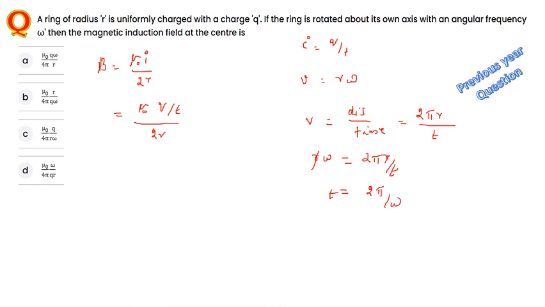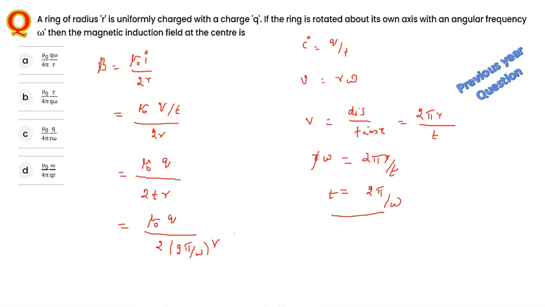Now you can utilize this value over here. Now I just mentioned this one, mu naught q divided by 2t into r. Instead of t, I just mention mu q divided by 2 into t, where the t value here is 2 pi by omega, into r.